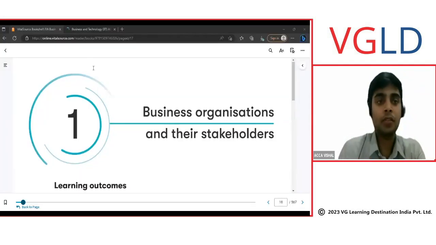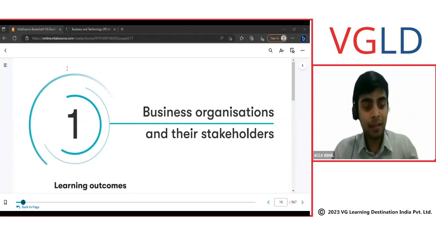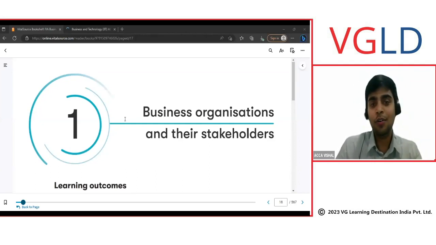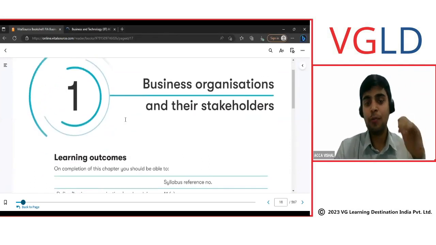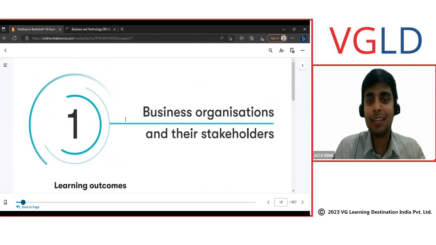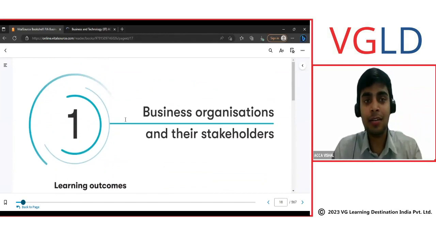Okay, now I think I can share my screen. Sorry about that, really sorry about that. I hope you can see the screen now. I'm not sure what happened to my PPT. This is not working right now, so I'll just be reading you through the book. Apologies, I didn't want this start to be like this, but let's not waste our time.